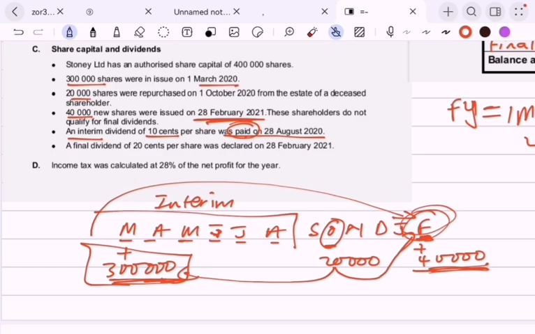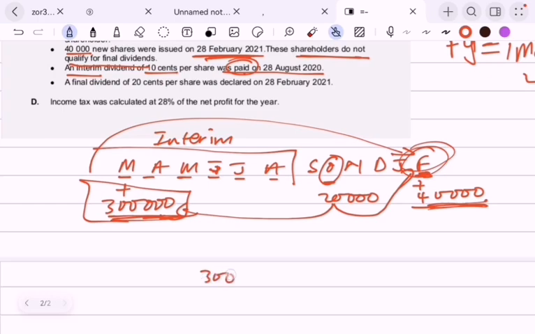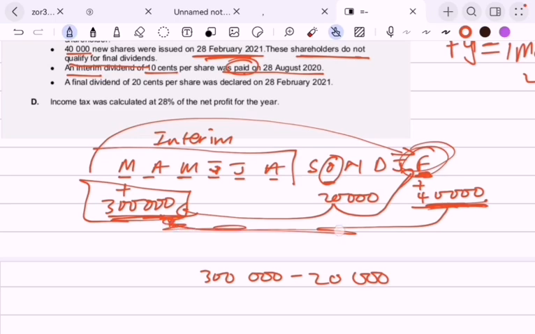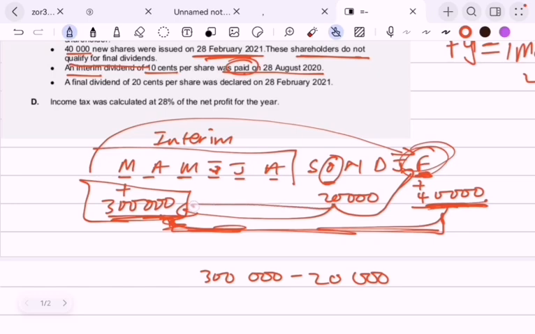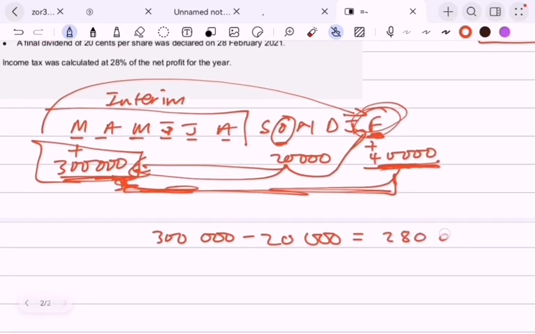They also told us that these shares do not qualify for final dividend, right? So you only have to say 300,000 minus the 20,000 repurchased shares. You can't minus 40,000 because they were not yet included inside these 300,000 shares. Only 20,000 was included, right? So you take your 300,000, you minus 20,000, you get your beautiful 280,000.